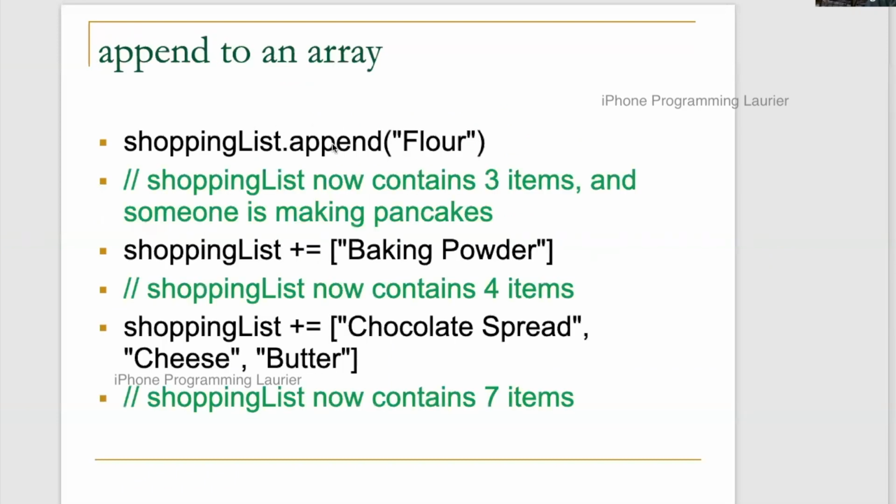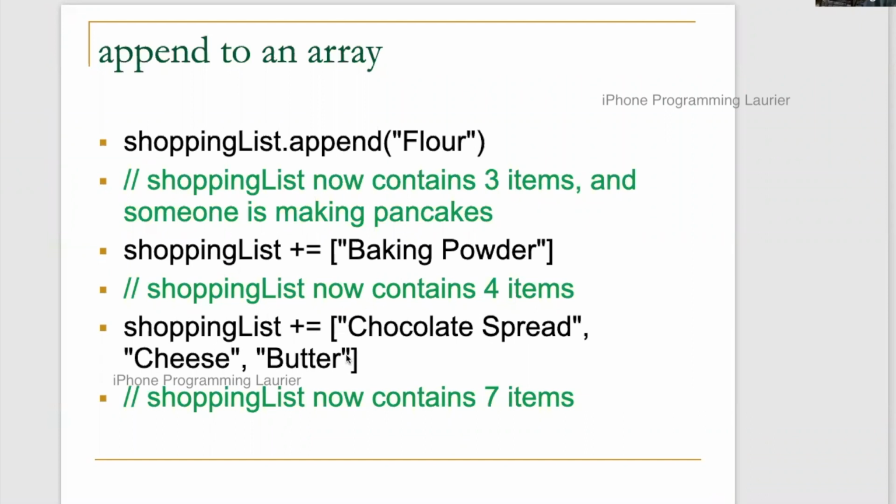And then you can append. You can add a new element to the array. You can append in different ways. You can use the function append, or you can simply write plus equal with the new item that you want to append. You can append an array to an array.